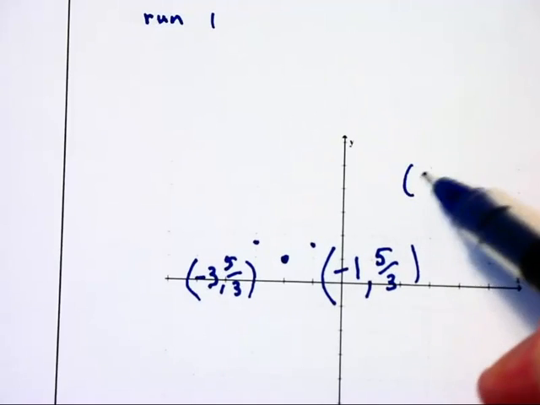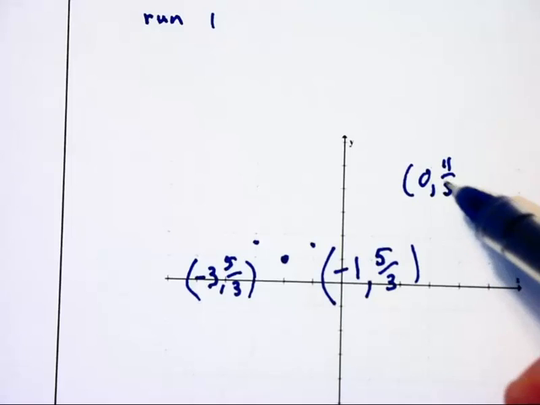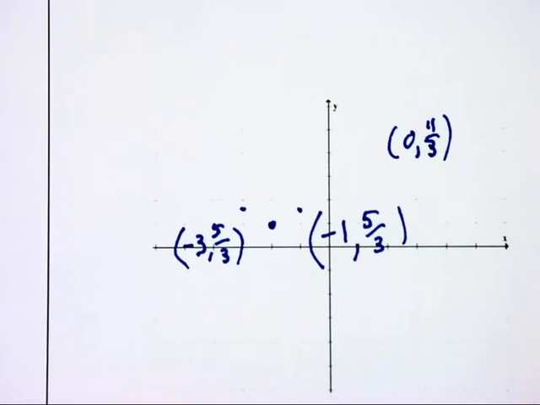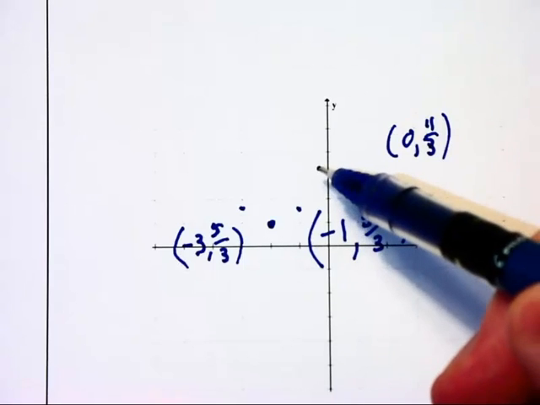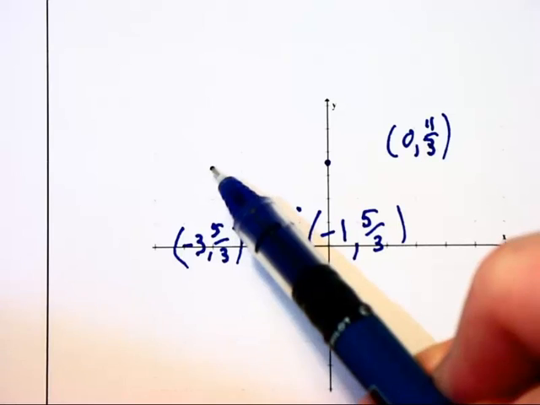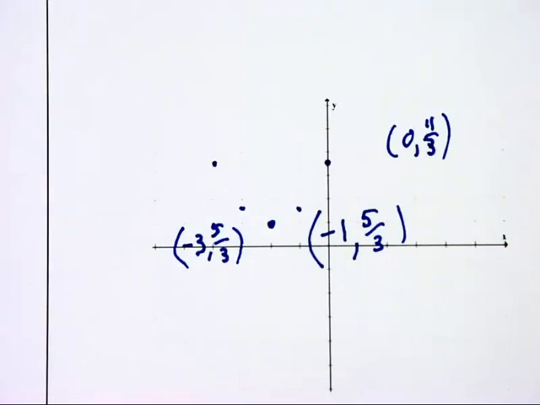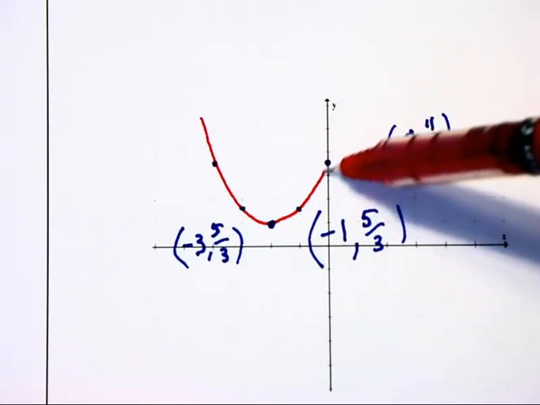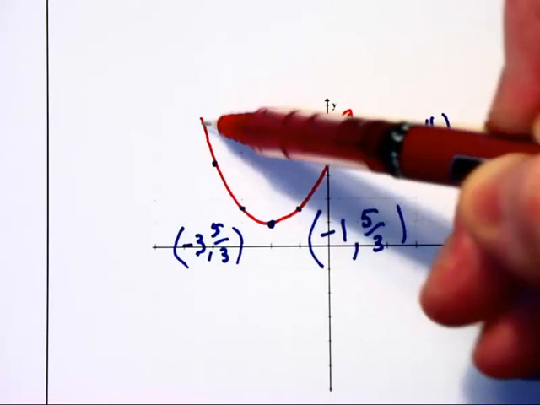So at 0, 11/3, I will have my y-intercept. Well, 11/3 is 3 2/3, so I can plot that point right there. And by symmetry, I'll have another point over at the left at -4, 11/3. And so that's a way that I can generate a couple more points that will be on the curve rather easily.